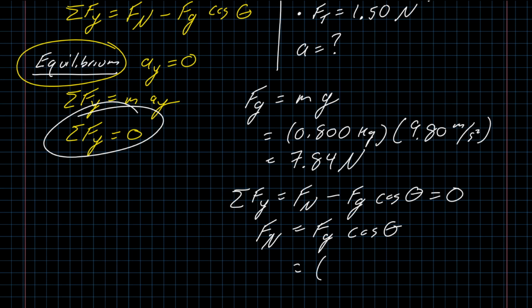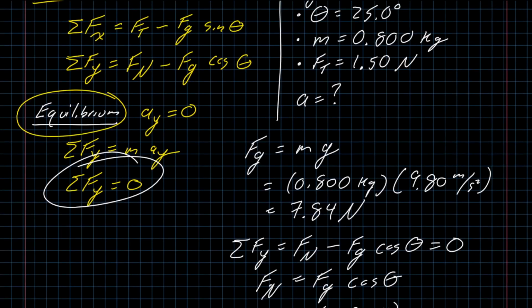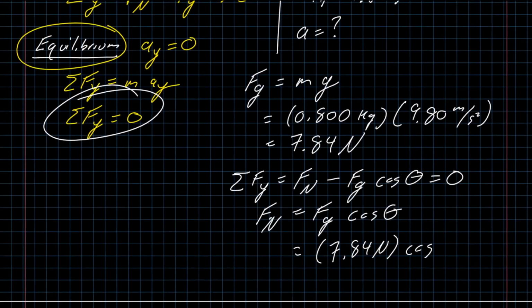Well, Fg we just calculated is 7.84 newtons. Our theta, if I scroll up, was 25 degrees. And if I punch that into my calculator, I get that the normal force is going to be 7.11 newtons.